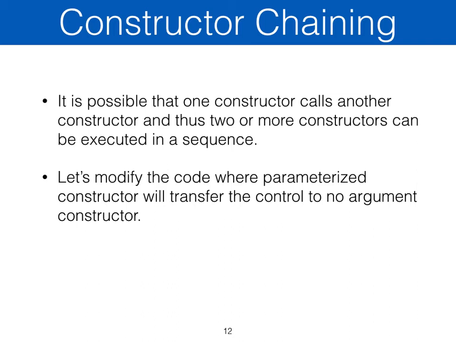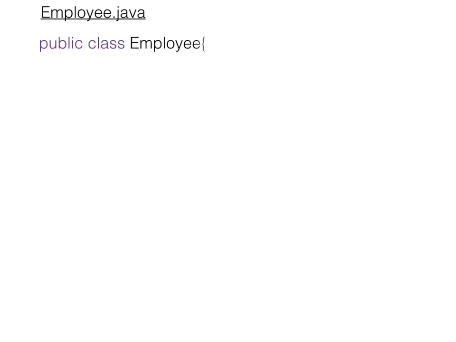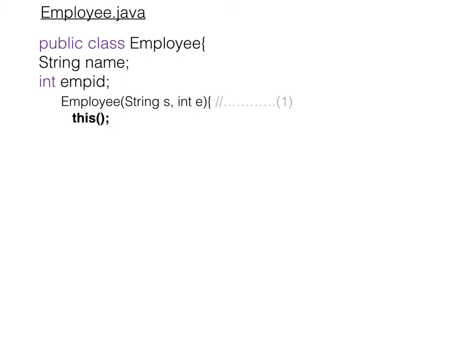Constructor chaining. It is possible that one constructor calls another constructor, and thus two or more constructors can be executed in a sequence. Let's modify the code where parameterized constructor will transfer the control to no argument constructor. The same code, little modified.